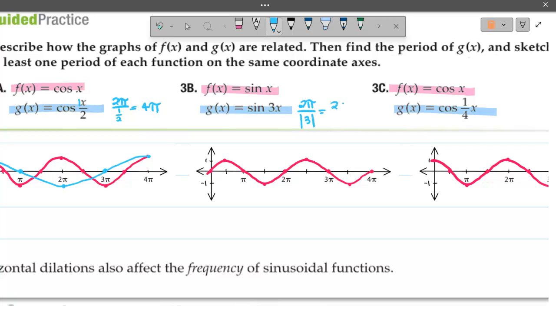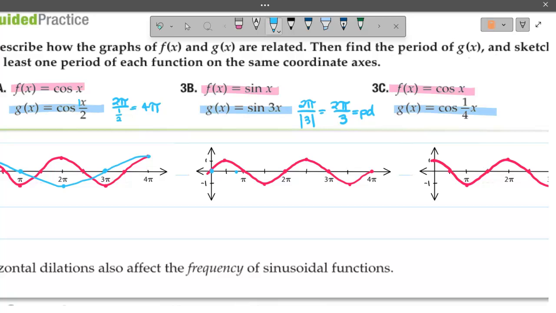So 2 pi over 3 is my period, which means I'm going to start here, and at 2/3 pi, I'm going to be done. I'm going to be back where I started, which means I need to get an up, down, back up fit by the time I get to here, 2/3 of the way to pi, because this is 1 pi. This is about 2/3 of the way there.